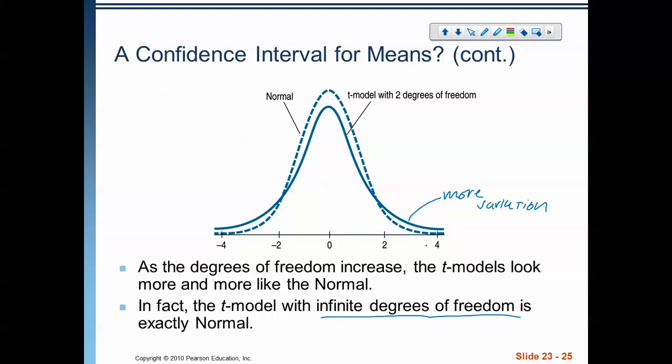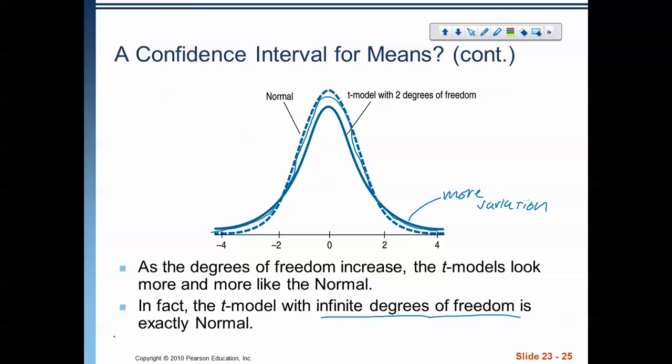So the more degrees of freedom you get, the more this graph will get a little bit smaller and closer to what the normal model looks like. This is my poor artistic representation of that.